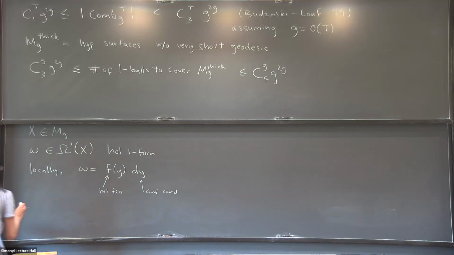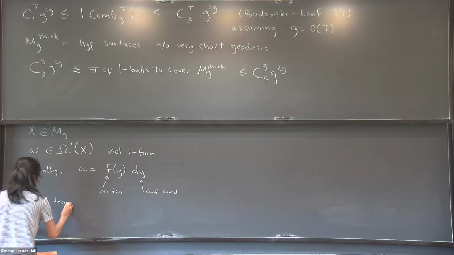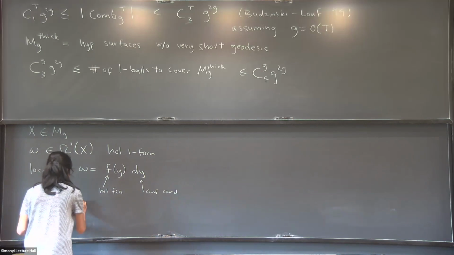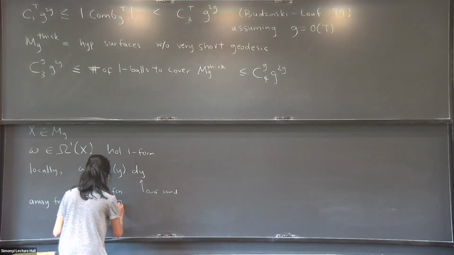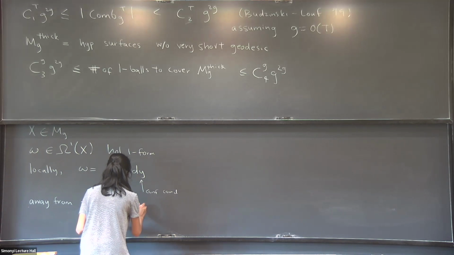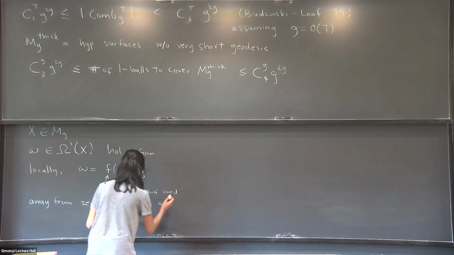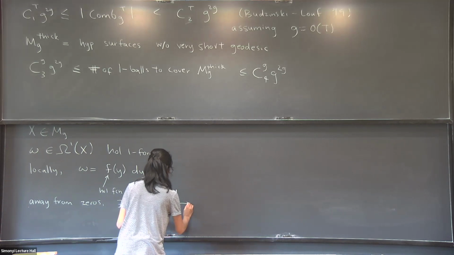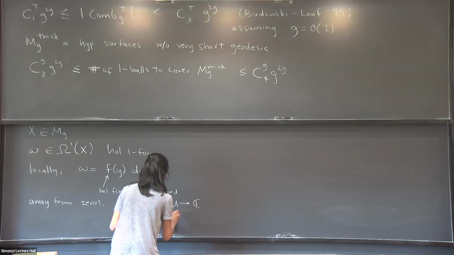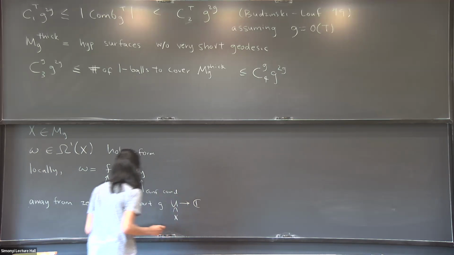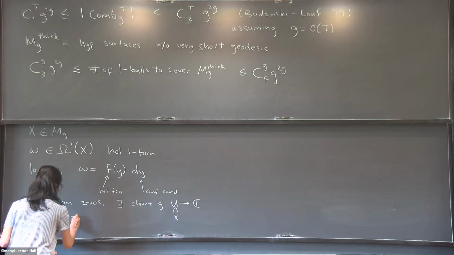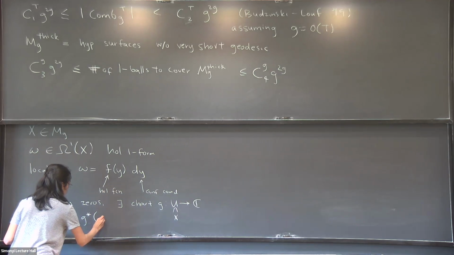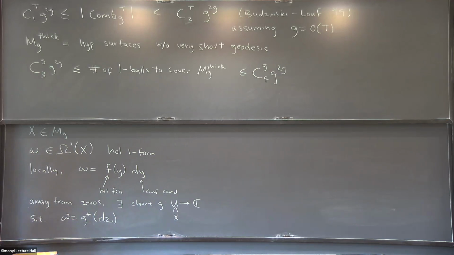Away from the zeros, there exists a chart on a neighborhood U such that omega is simply the pullback of the form dz.